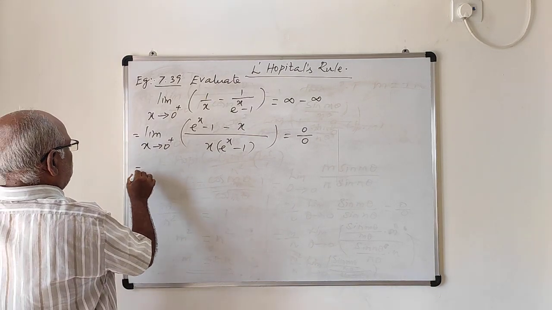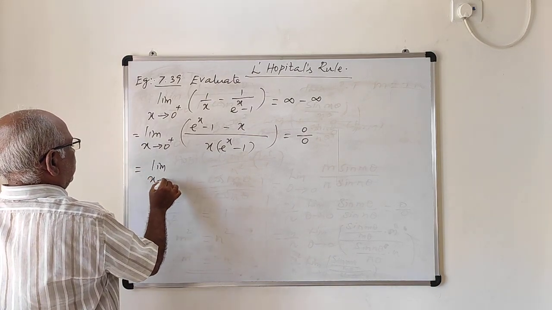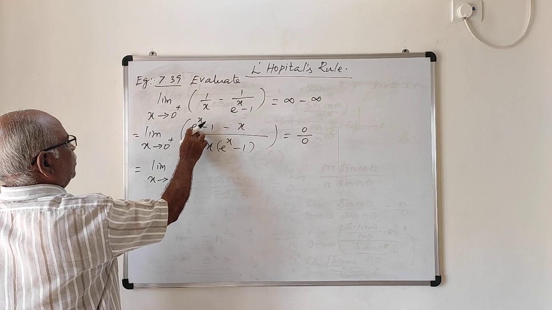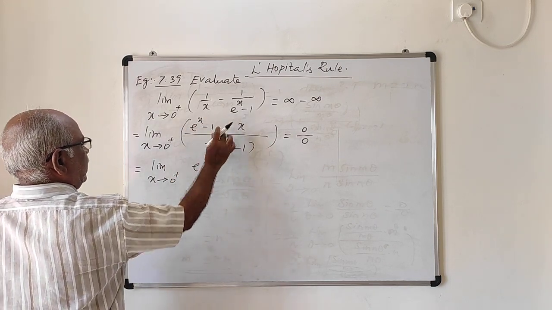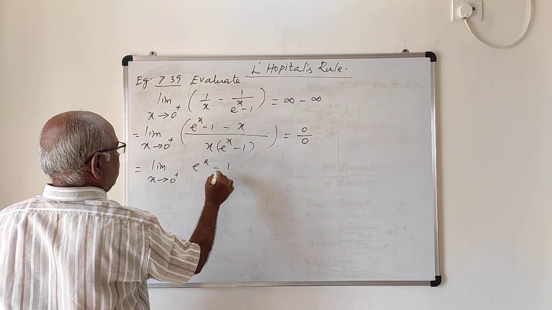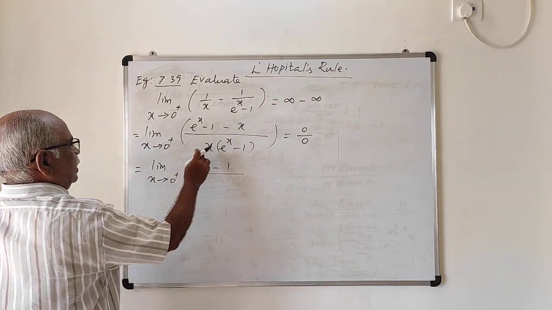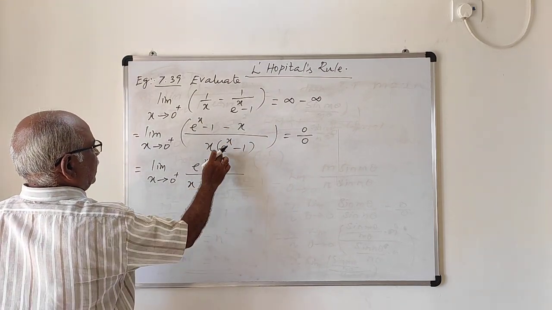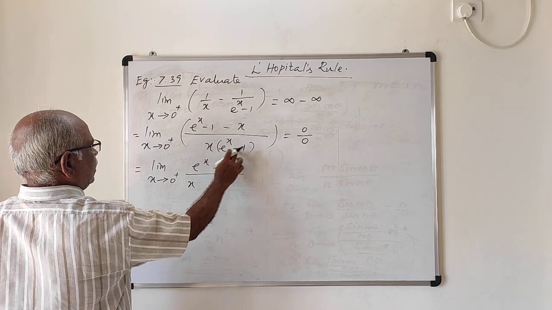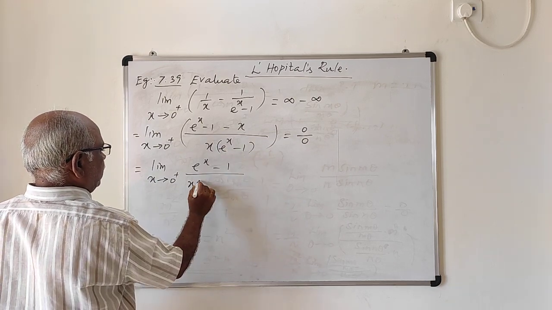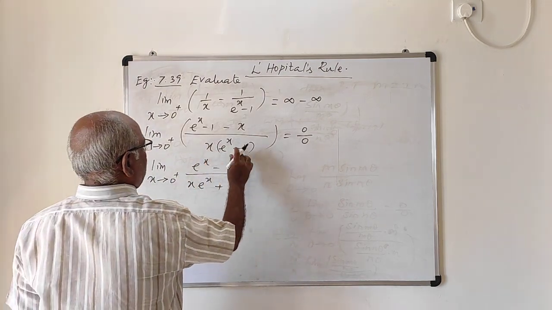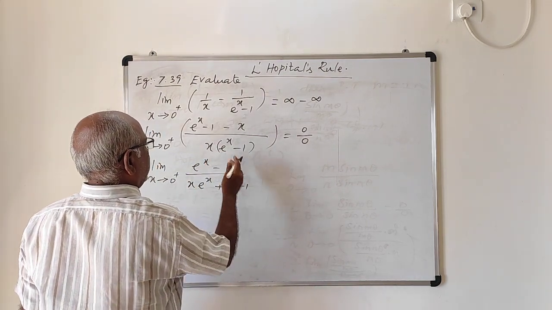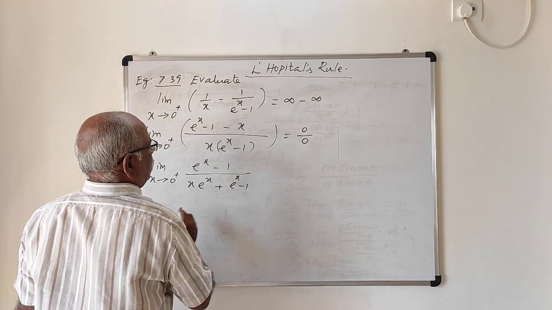By L'Hopital's rule, apply the limit as x tends to 0 plus. The derivative of e power x is e power x, the derivative of minus 1 is 0, minus the derivative of x is 1, divided by the derivative of x into e power x minus 1. By the product rule, x into the derivative of e power x minus 1, which is e power x, plus e power x minus 1 times the derivative of x, which is 1.